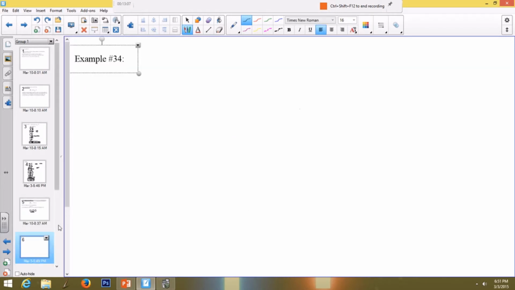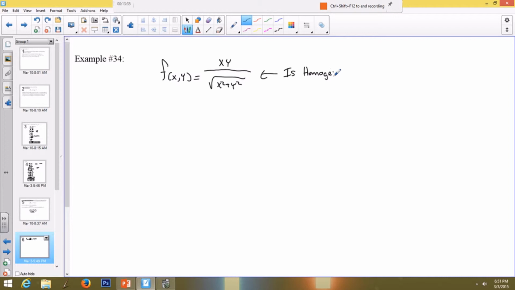So the first thing we want to do is, I'm looking at example number 34, where they say f of x comma y is equal to xy over the square root of x squared plus y squared. Now, the question asks us to determine, is this homogeneous? All right, is it homogeneous?